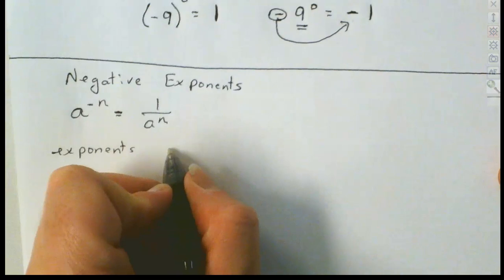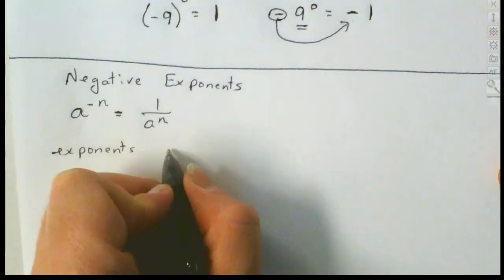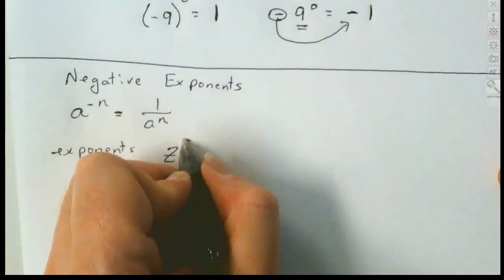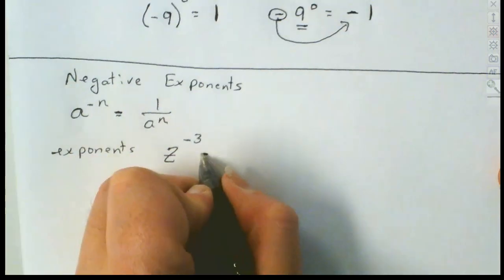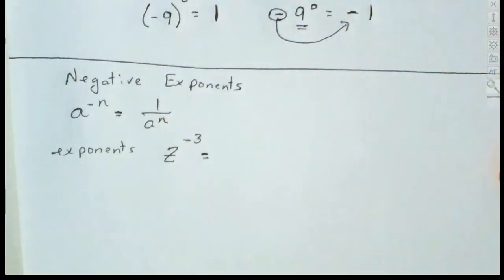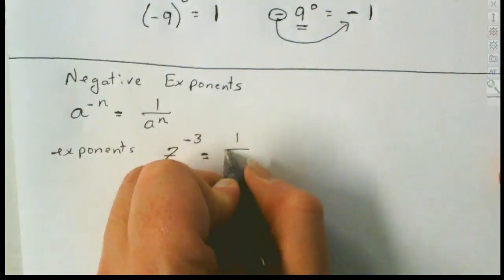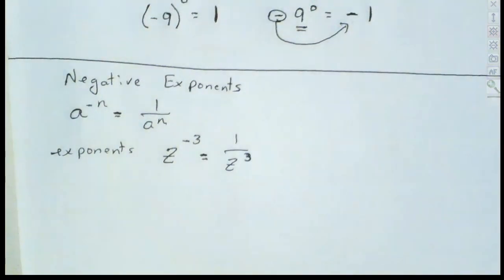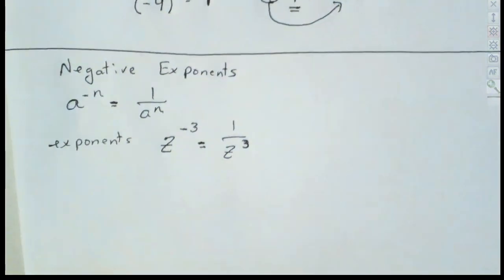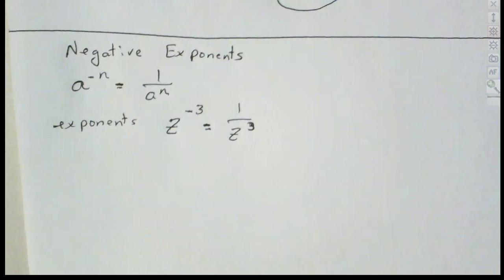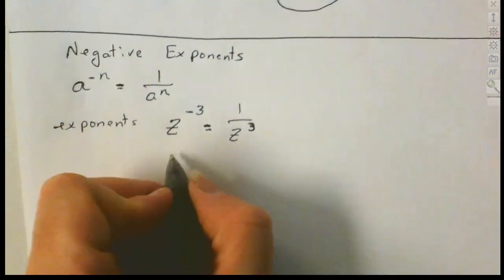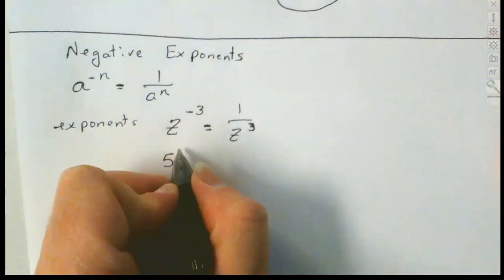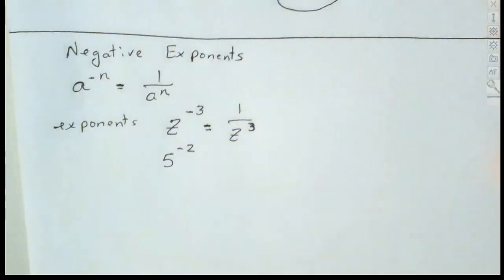So how about z to the negative third power? Well, z to the negative third power, we would rewrite that as 1 over z cubed, right? Because we rewrite it as a positive exponent. How about 5 to the negative second power?